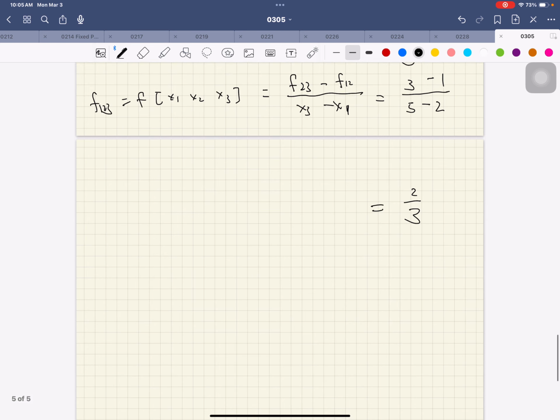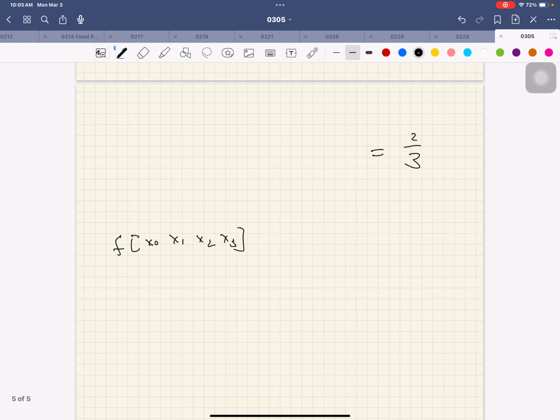Okay, so now essentially we can just try to construct our x0, x1, x2, x3, right? The target, or the only new divided difference we need to compute, or if you like the simplified notation, this is f[0, 1, 2, 3]. But by the recursive definition, this guy is equal to f[1, 2, 3] minus f[0, 1, 2], and divided by x3 minus x0.